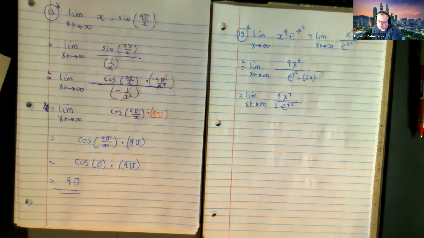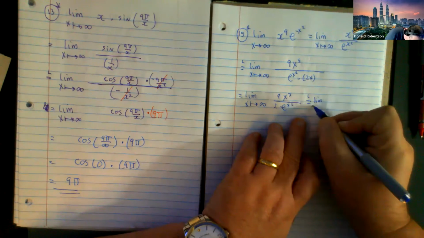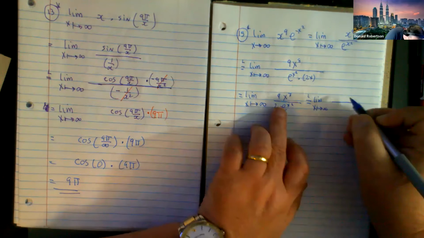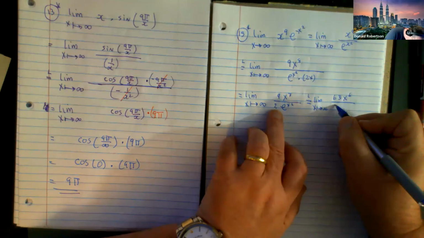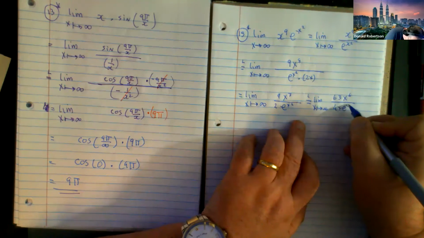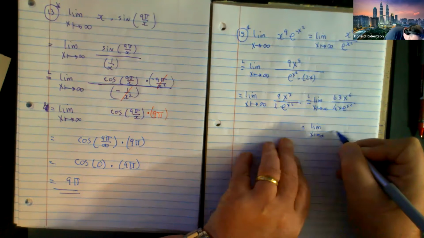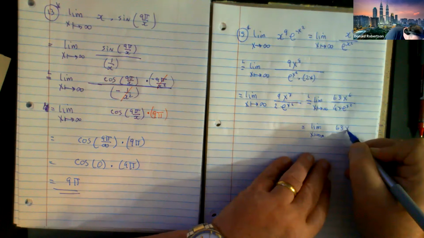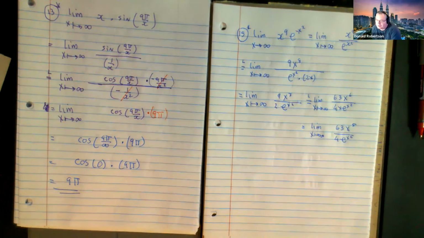Would you also agree this question is going to be long? You can just see what's going to happen. Aren't I going to have to do L'Hopital quite a few times? But that's fine. That's going to get me 63x to the 6, and 2x times that guy gets me 4x e to the x squared, which I can cancel a little bit and get 63x to the 5 over, I'm beginning to regret this question, but I've started it, I might as well keep going now.